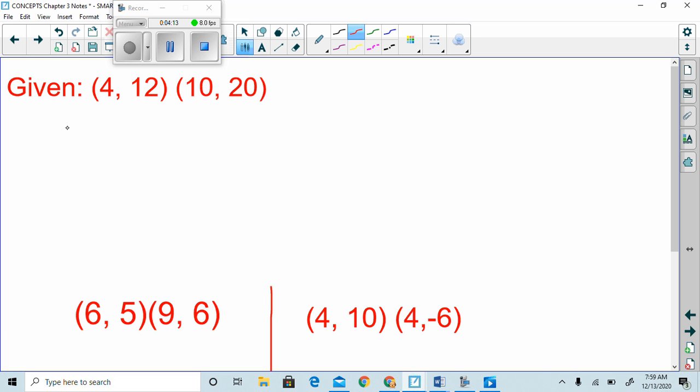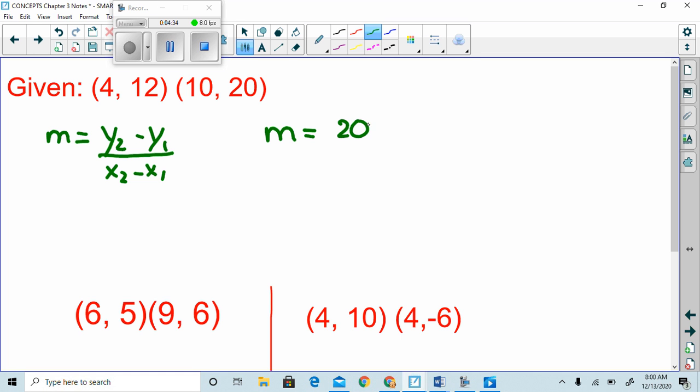So what do you do? You start with your formula, and you say change in y over change in x. Slope is equal to change in the y, change in the rise, over change in the run, which is our x values. So let's replace. M is equal to 20 minus 12 over 10 minus 4.